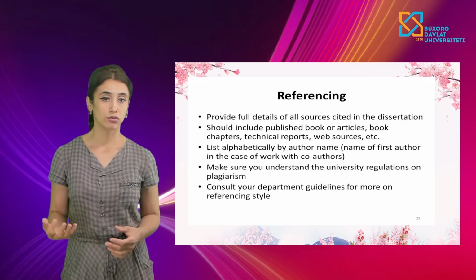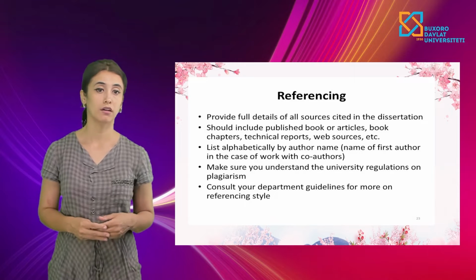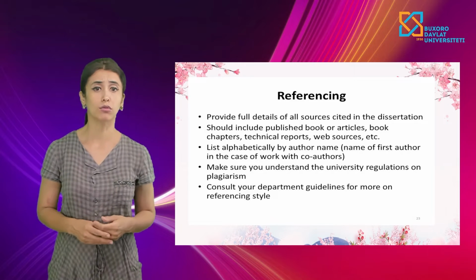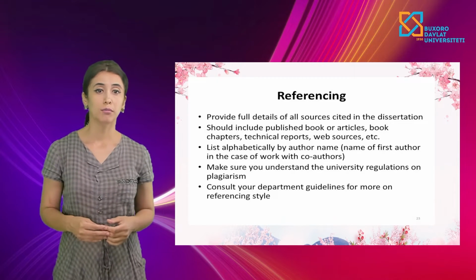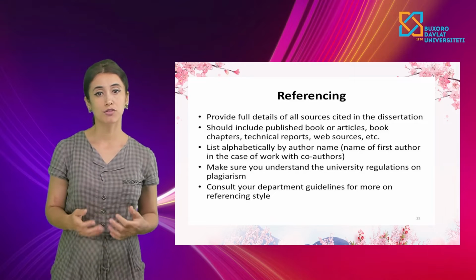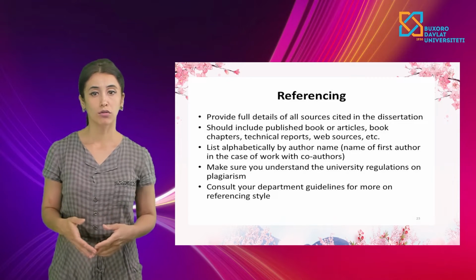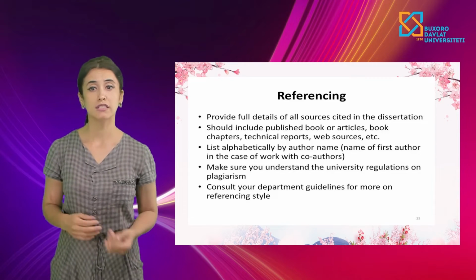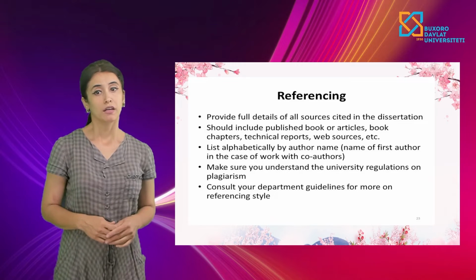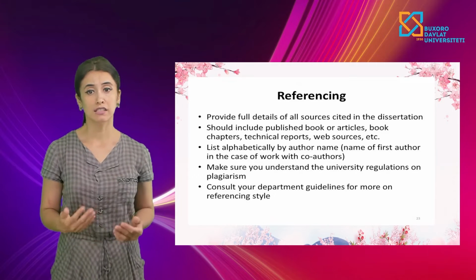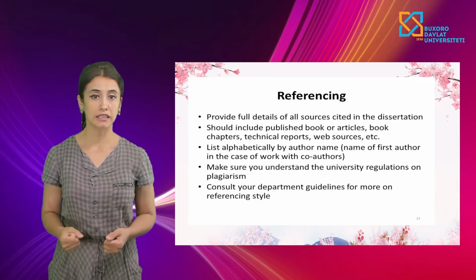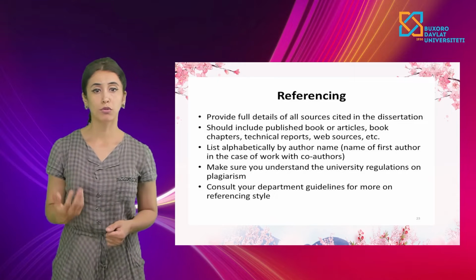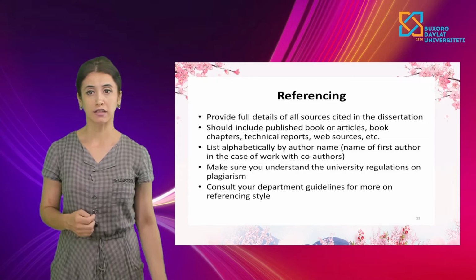If you want to use someone's theories or opinions about your topic, you have to show the source or the author of this statement. And consult your department guidelines for more on referencing style.